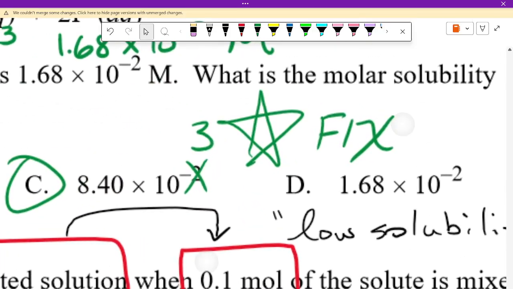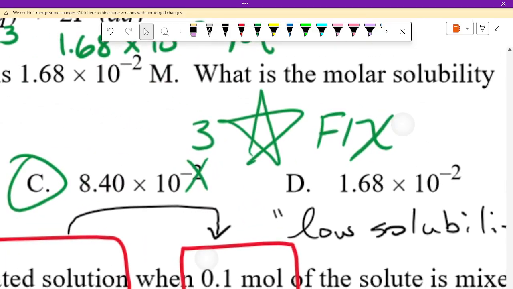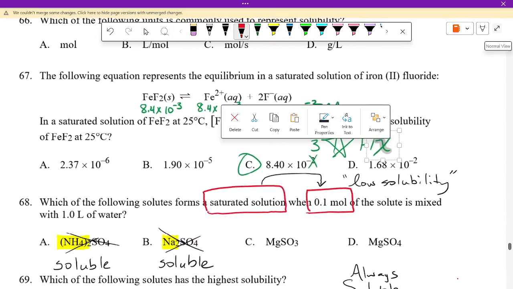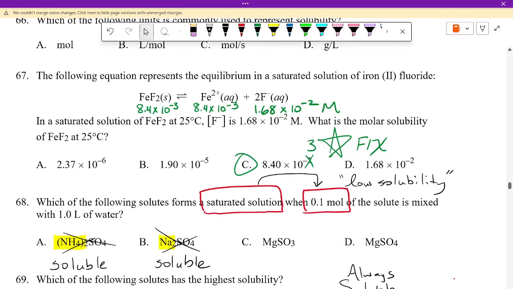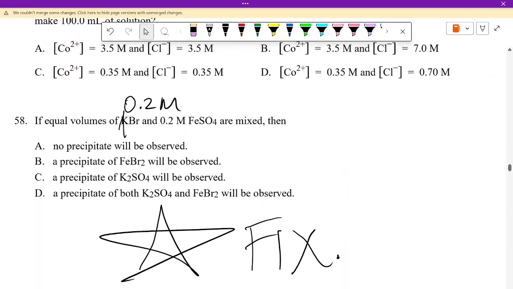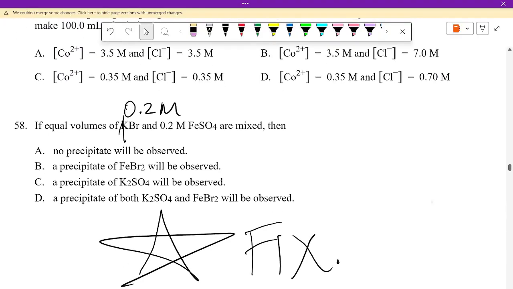That should be 10 to the negative 3. 58, there should be a 0.2 molar KBr.